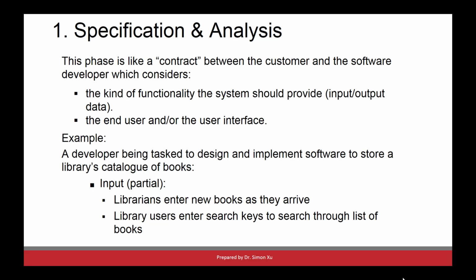For example, for a library system, we need to understand the input. For example, the librarian enters new books when the books arrive, and people use the searching function to search the list.